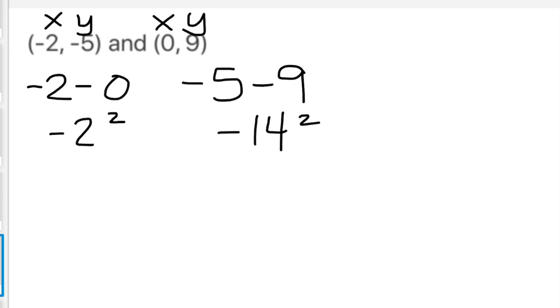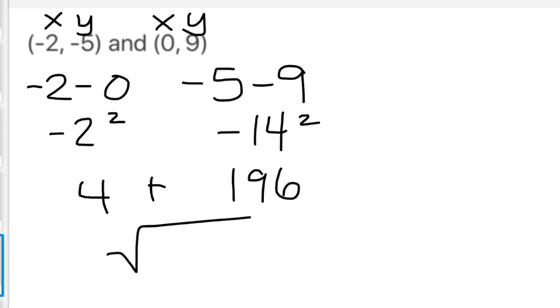Again, order doesn't matter because I could have gotten +2 if I did 0 minus -2, or I could have gotten +14 if I had done 9 minus -5. So 14 squared is 196, negative or positive. -2 squared is 4, negative or positive. So then we're going to add 4 plus 196 and take the square root.